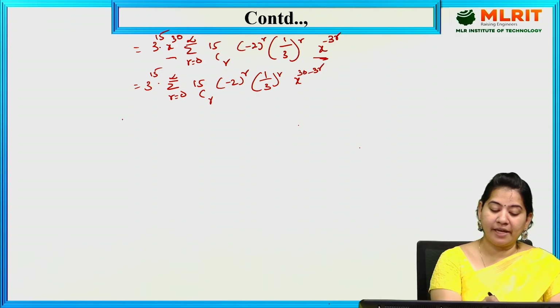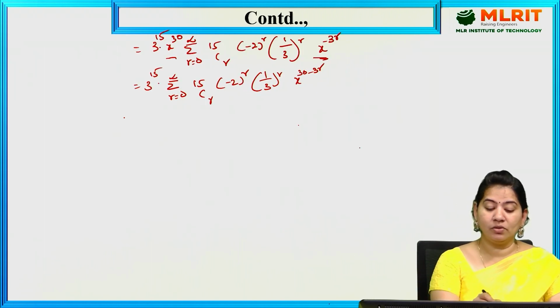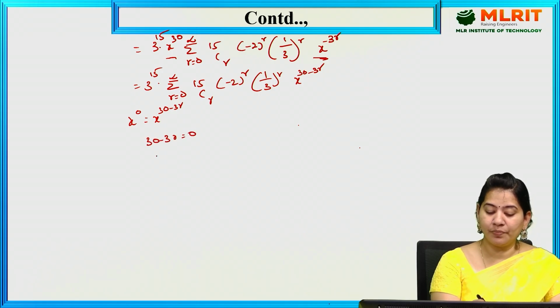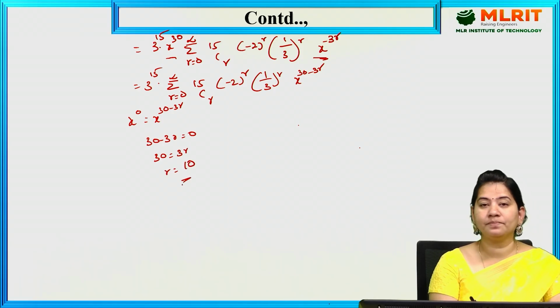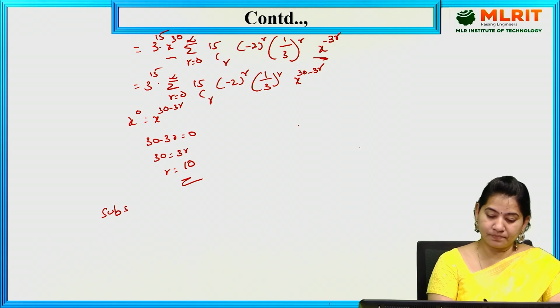As we need to find out the coefficient of x power 0, you just equate x power 0 equal to x power 30 minus 3r, which is nothing but 30 minus 3r equal to 0. 30 is equal to 3r, r is equal to 10. So this is 10. Let us consider this as equation 3.